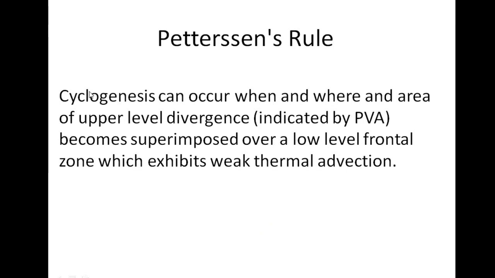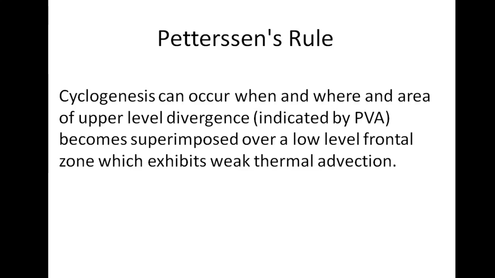Cyclogenesis, the beginning of a cyclone, can occur when and where an area of upper level divergence, so the winds are going vertically up and then separating in the upper levels. That's divergence. That's indicated by PVA, positive vorticity advection. So you can pull up the 500 millibar chart with positive vorticity.